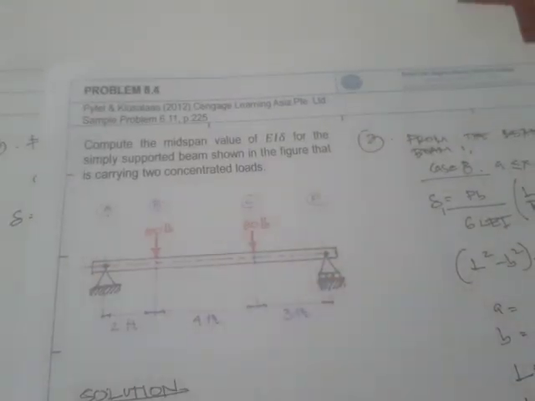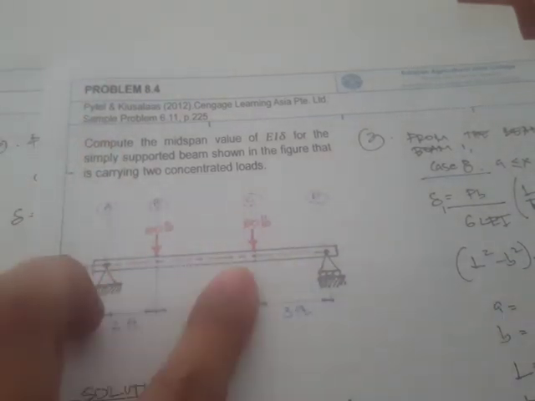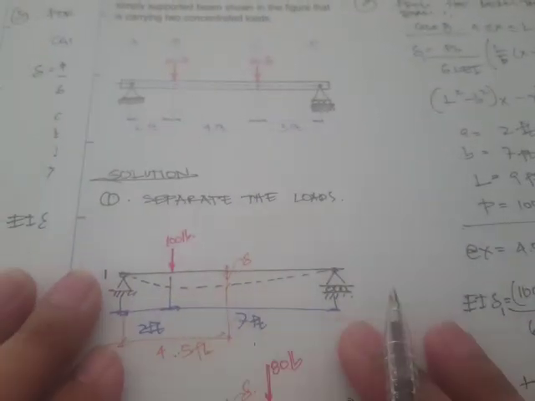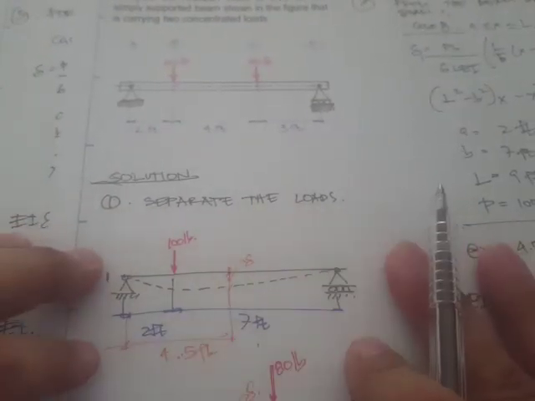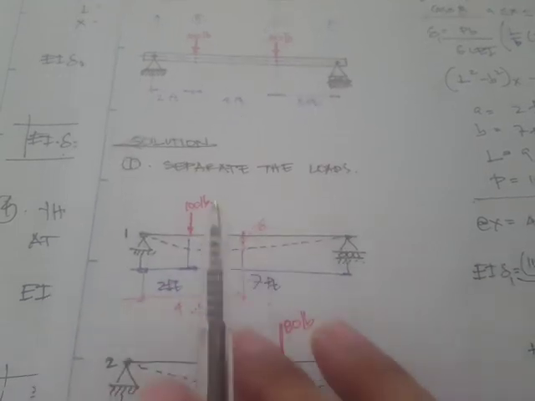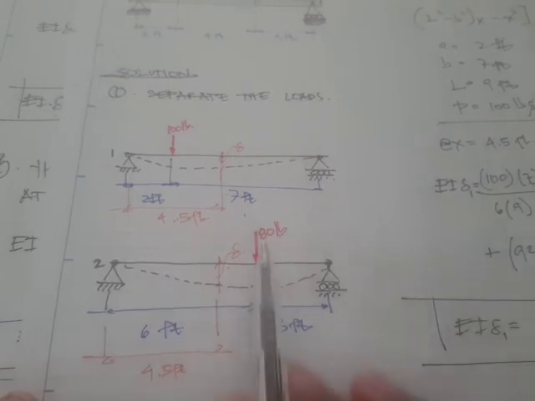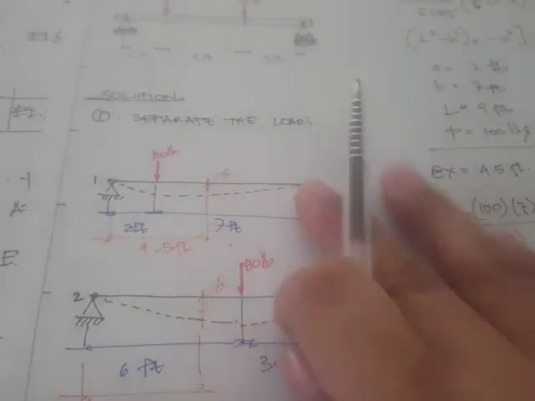Okay, so in review, we have here the beam conditions, and we have two concentrated loads. So the first step that we did was to separate the loadings. We analyzed the beam as if there's only one concentrated load, because that's just what our available tables cover.